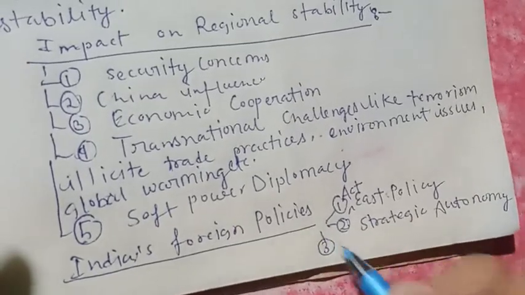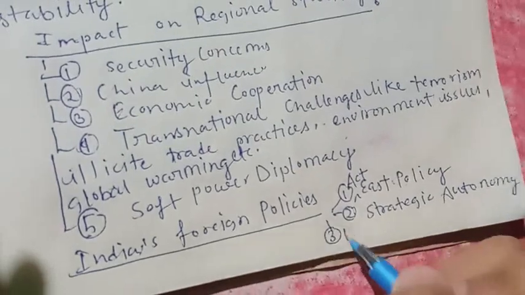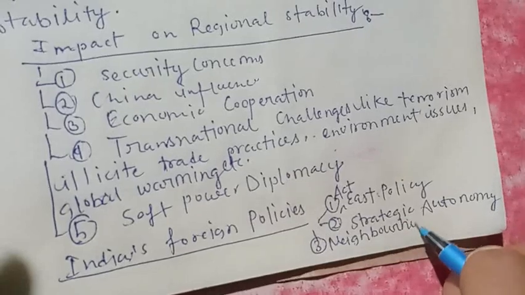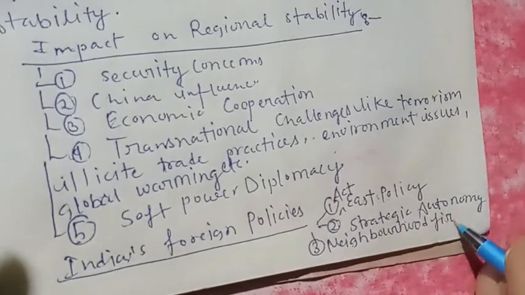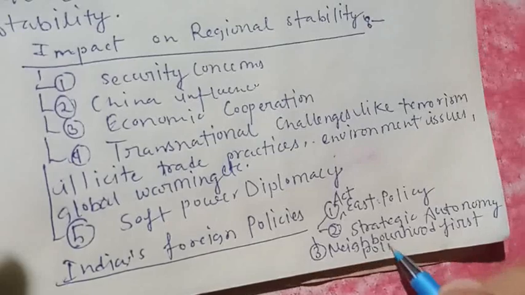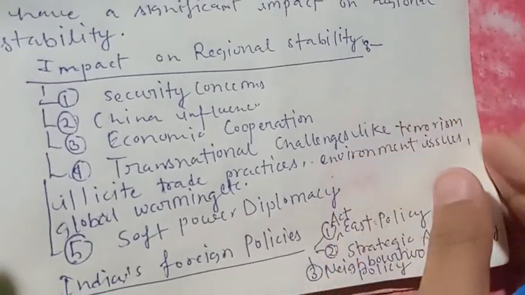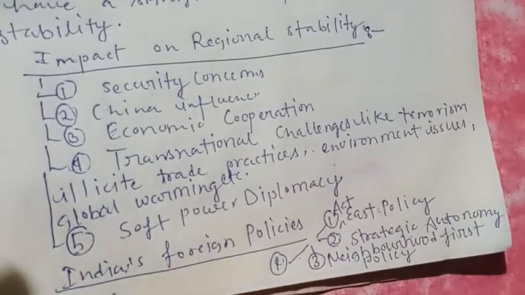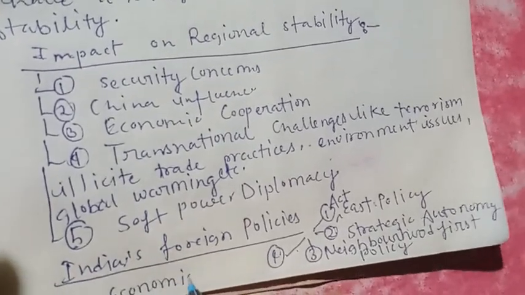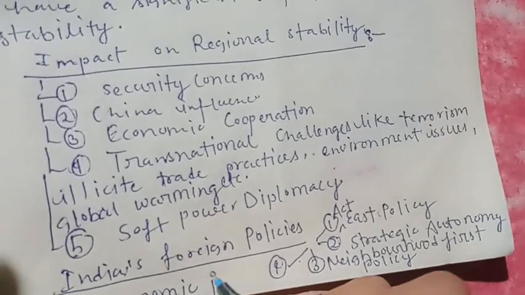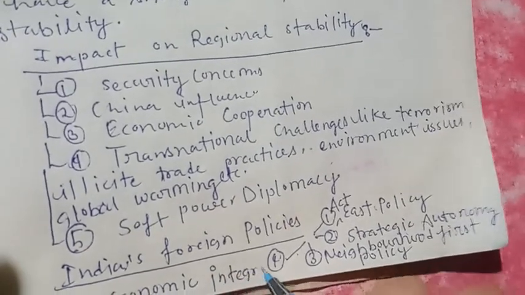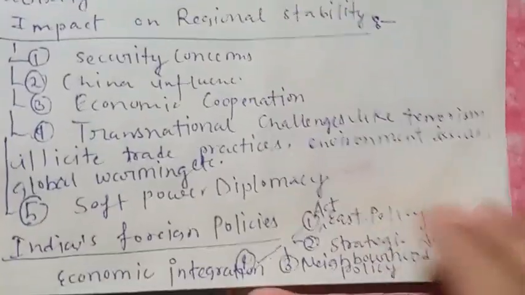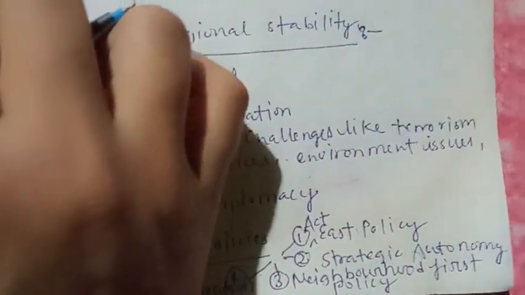Third is the neighborhood first policy. Fourth is economic integration. So I wrote four points, and next page.